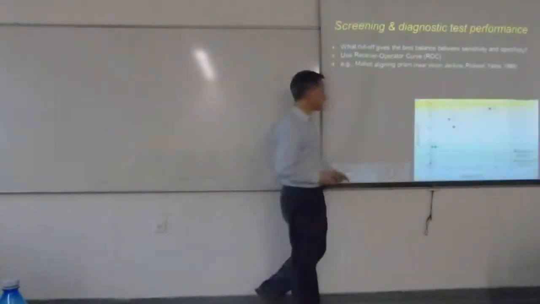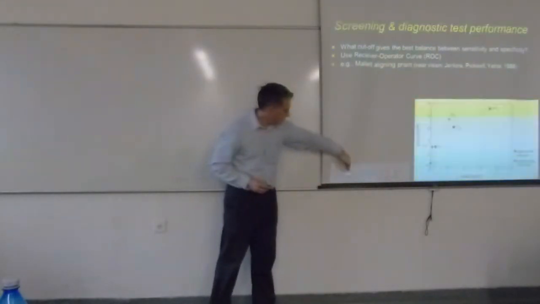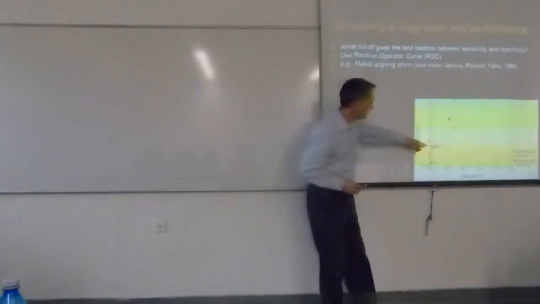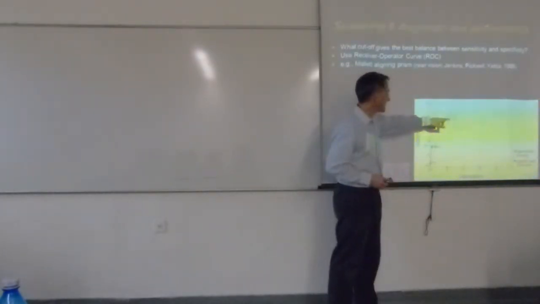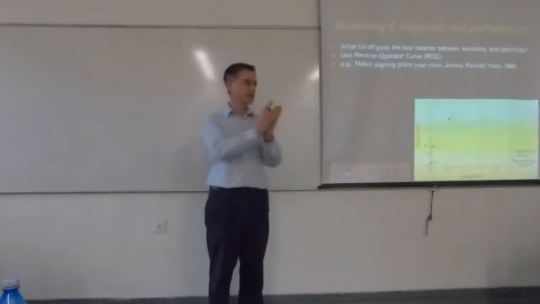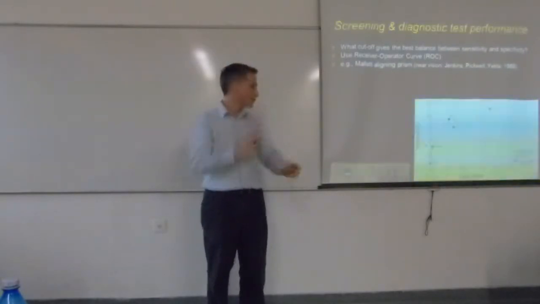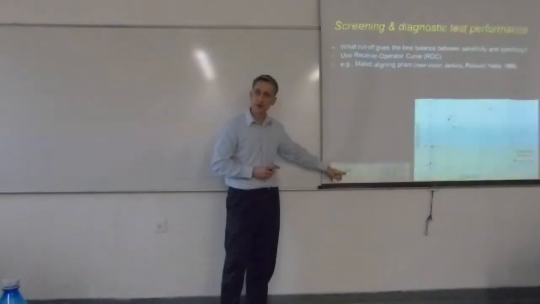What they said was, if you look at the aligning prism, the associated phoria, so the prism that corrects any fixation disparity, for pre-presbyopes, the red, these are under the age of 40, if you use as a cut-off one prism diopter, so you say everyone that needs one prism diopter to bring these strips into alignment has a phoria that I think is symptomatic.